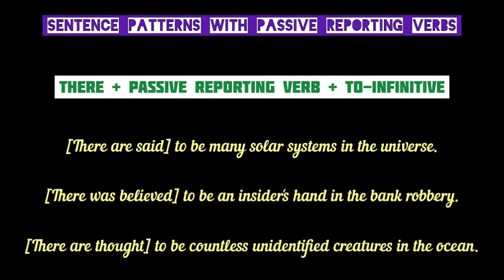Another sentence pattern with the passive reporting verb for distancing is there plus the passive reporting verb followed by the to infinitive. For example, there are said to be many solar systems in the universe. In this sentence, the introductory there is followed by the passive of the reporting verb say plus a to infinitive and other words.